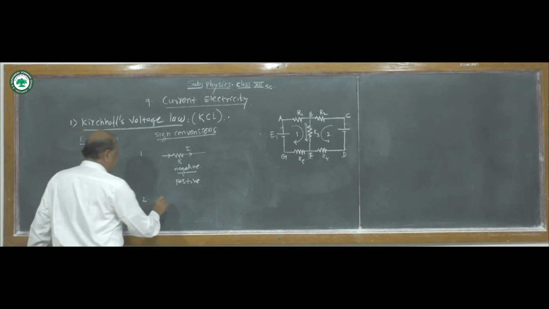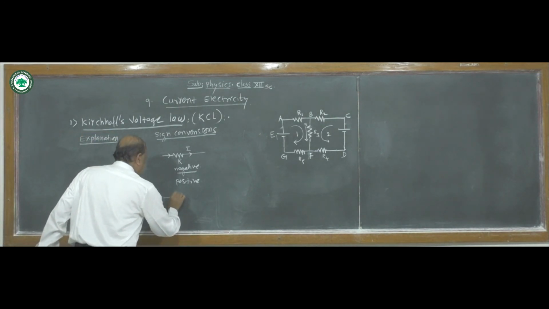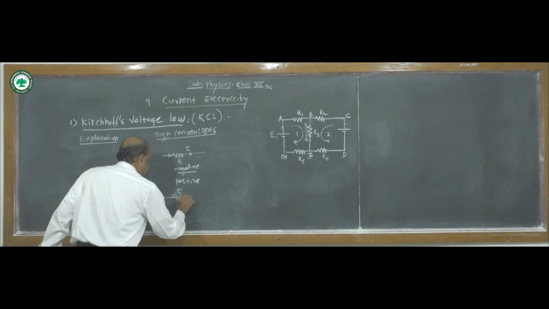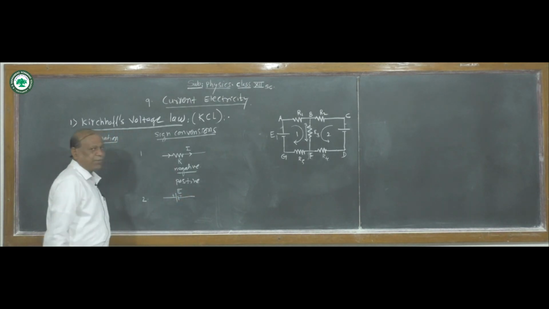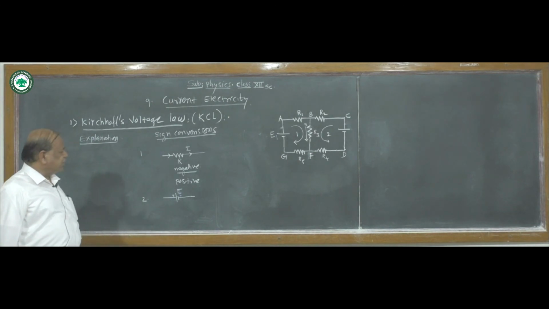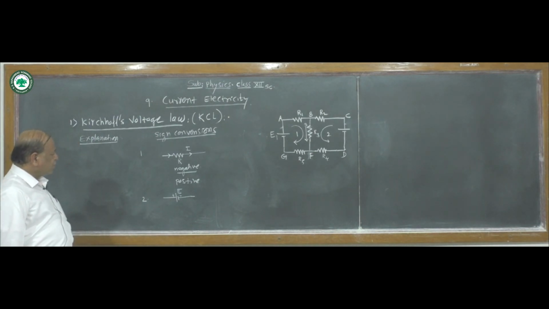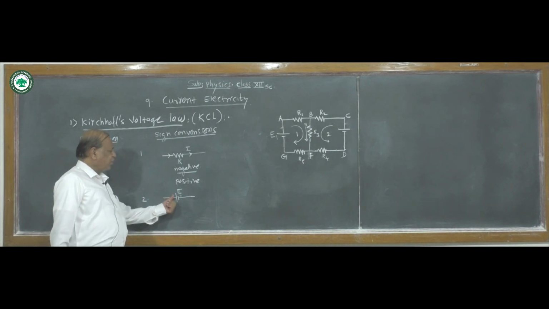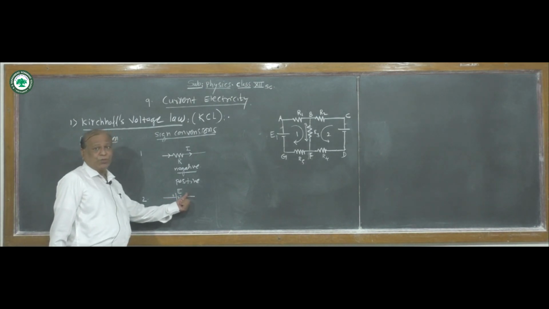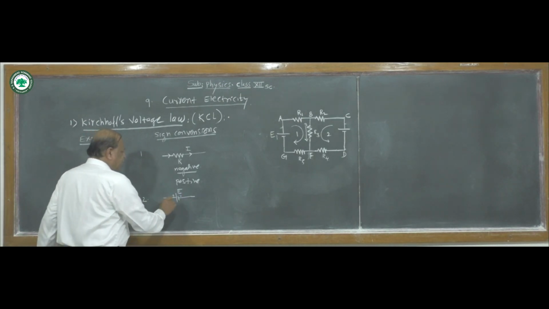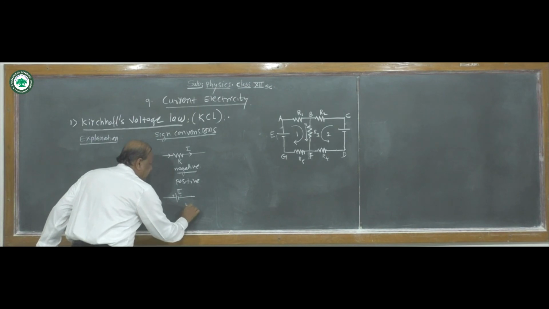Second is, consider the source of EMF E here. This is the positive terminal, this is the negative terminal. What is the EMF of this electrical source? When we are traveling from positive to negative, then EMF is negative.